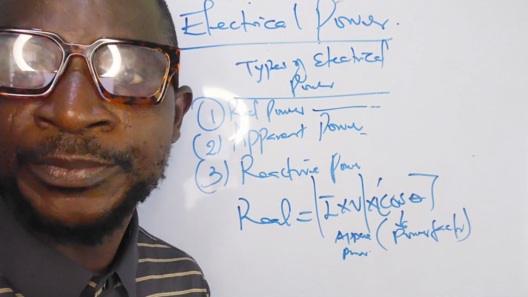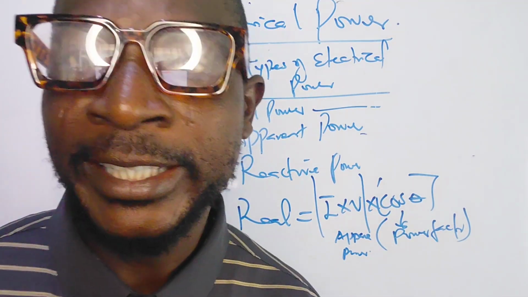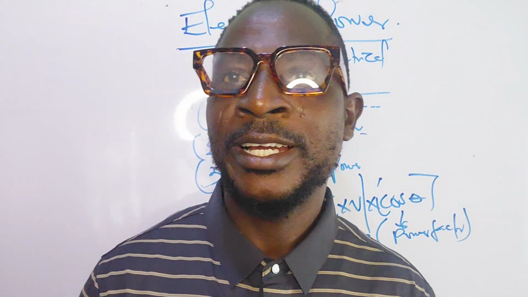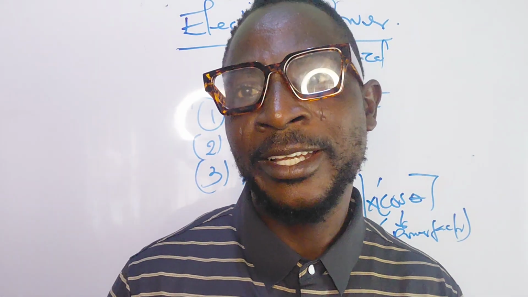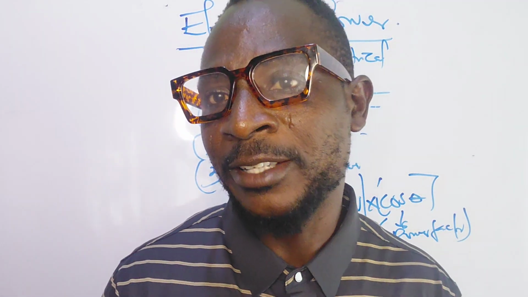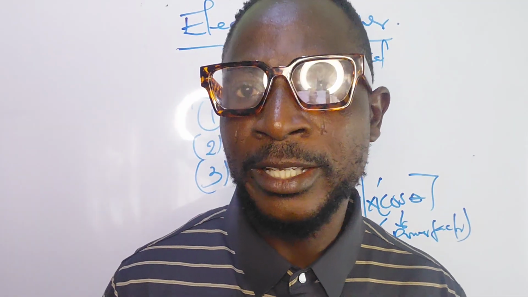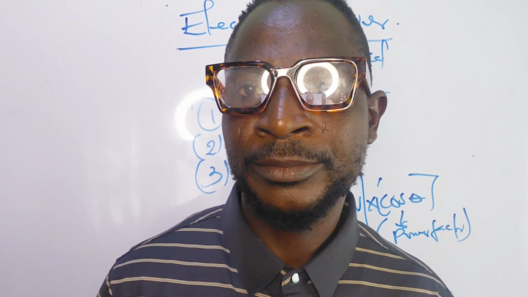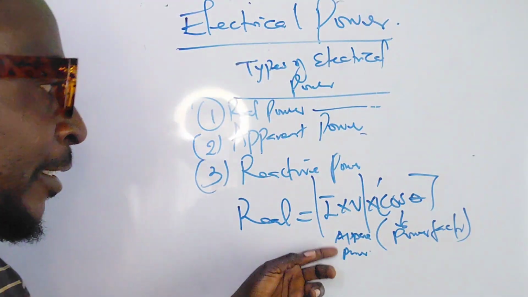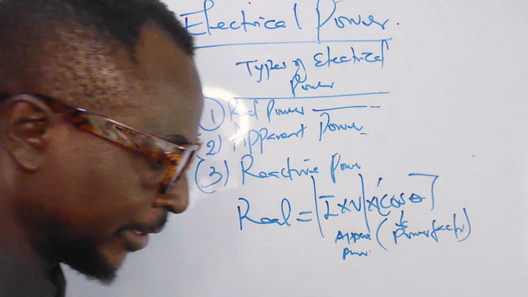Let's say you have an inverter rated 5 kVA and the power factor on it is 0.8. So 0.8 multiplied by 5 kVA means the actual power that can be gotten out of that inverter is 4 kilowatts. Please take note of this.